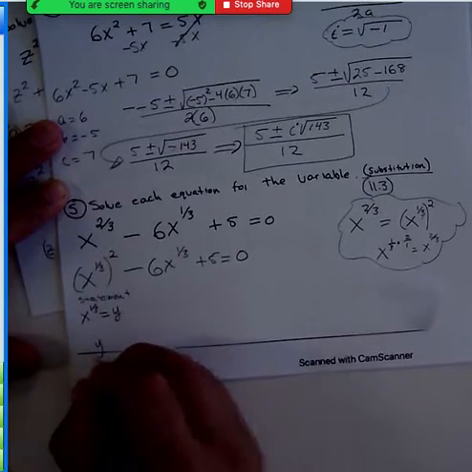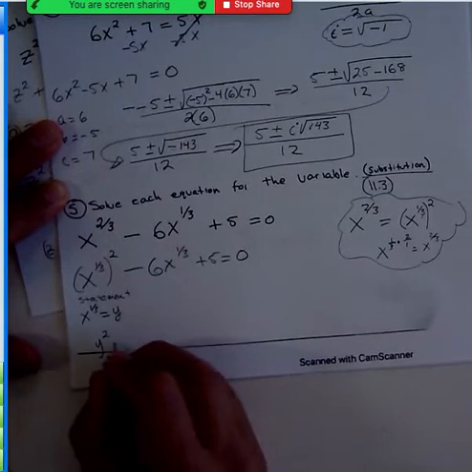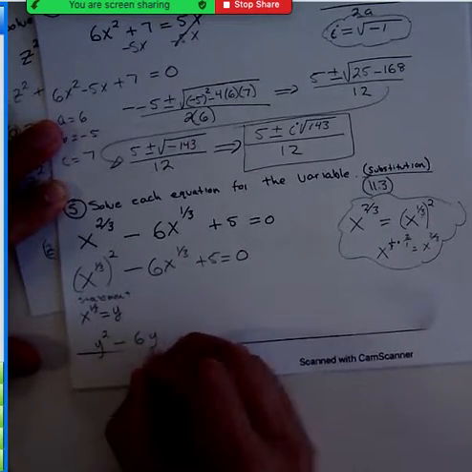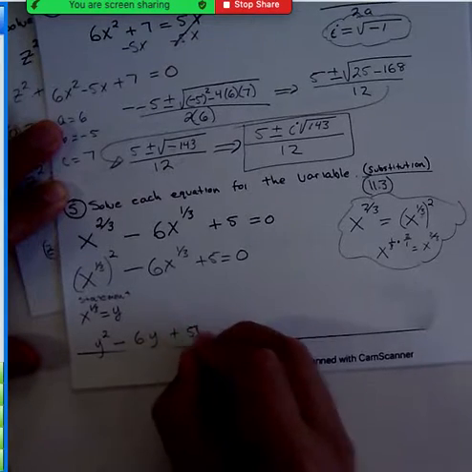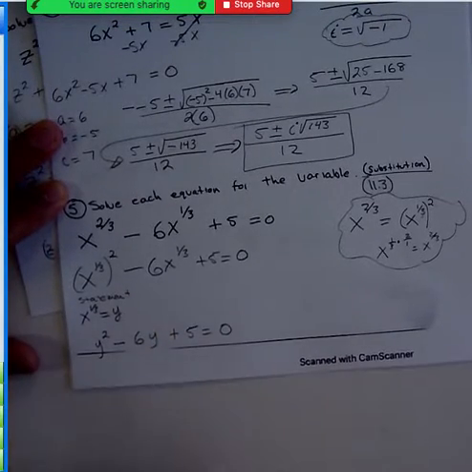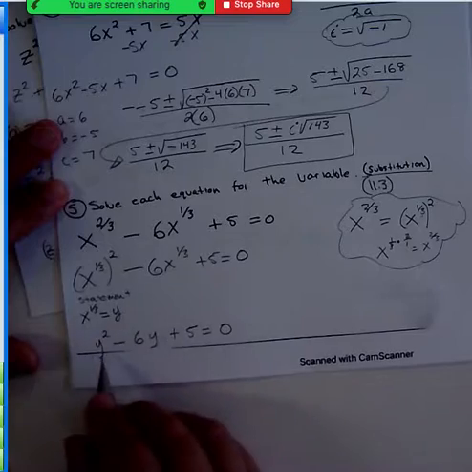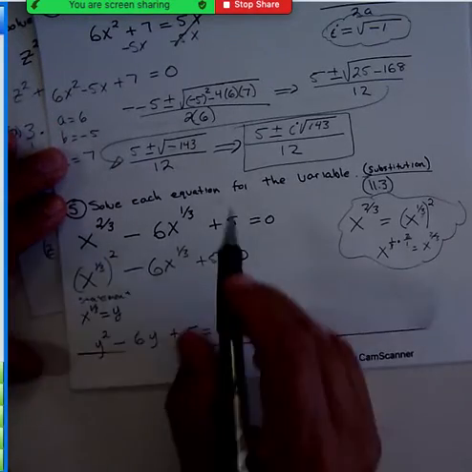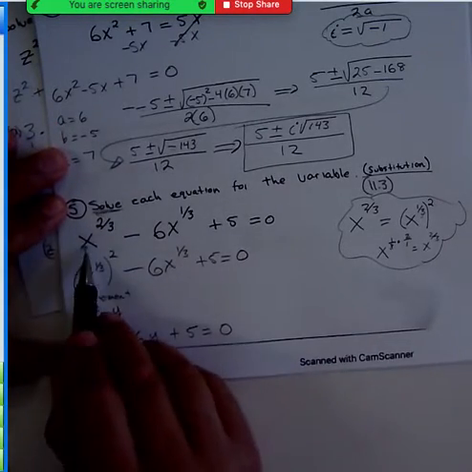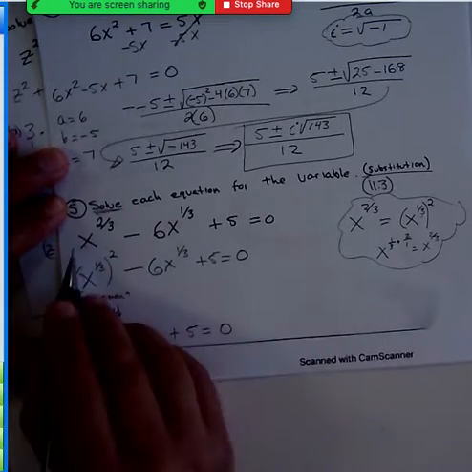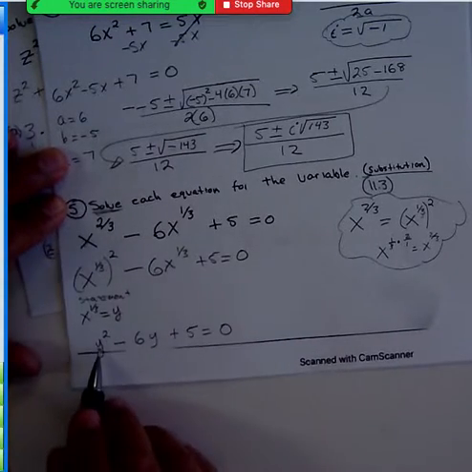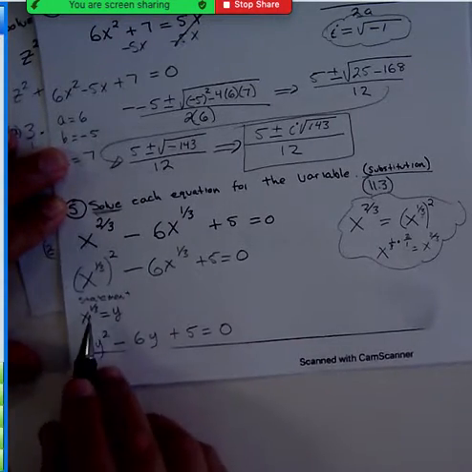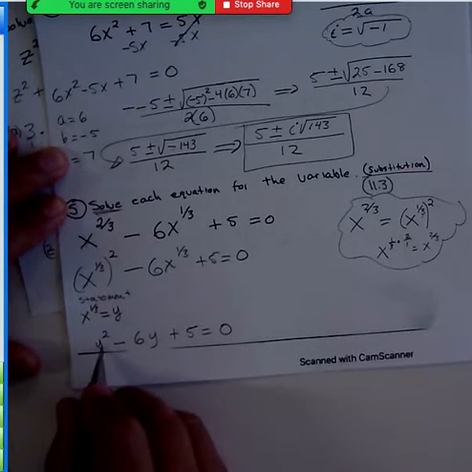So now I'm gonna have y squared minus 6y plus 5 equals 0. Now it looks much easier. Remember, we're solving for x, but before we solve for x, we need to solve for this y that we substituted. So how do we solve for anything?